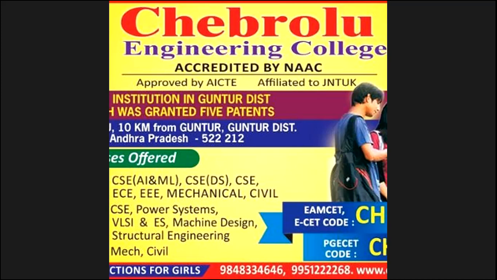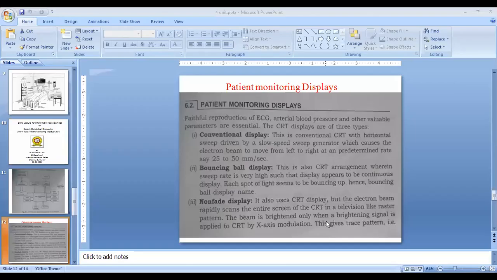On the CRT display, we can observe how much time the applied signal will be visible on the screen. That persistence depends upon the type of the phosphor material we are using for the display.